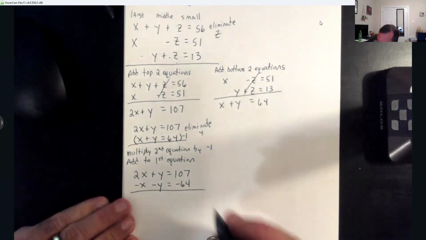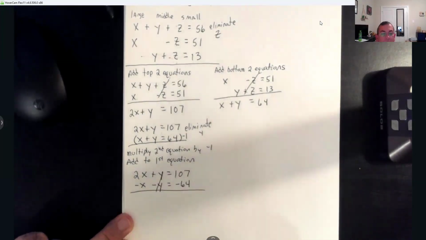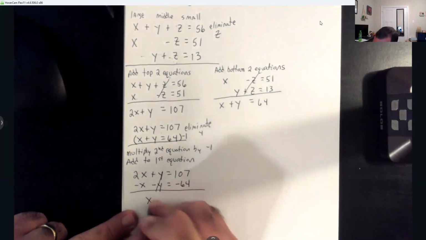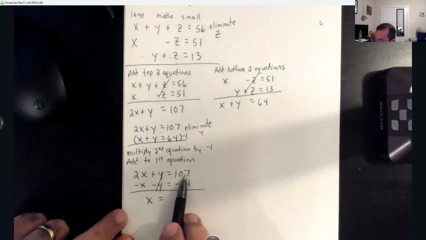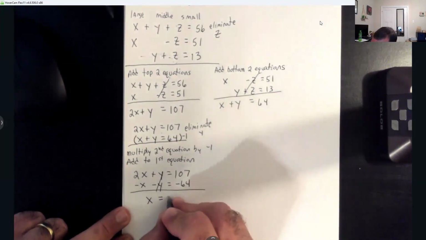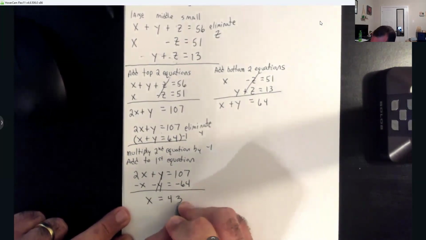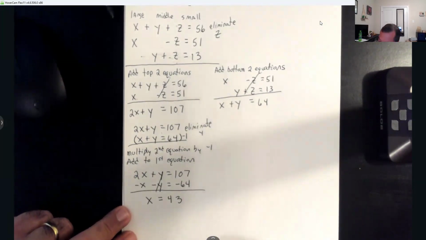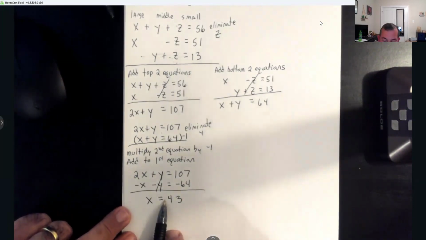Y'all did good on that, because look here, the y's cancel. 2 and -1 leave me just 1x. And then 107 minus 64, that's what, a 43? So we know what x is now.